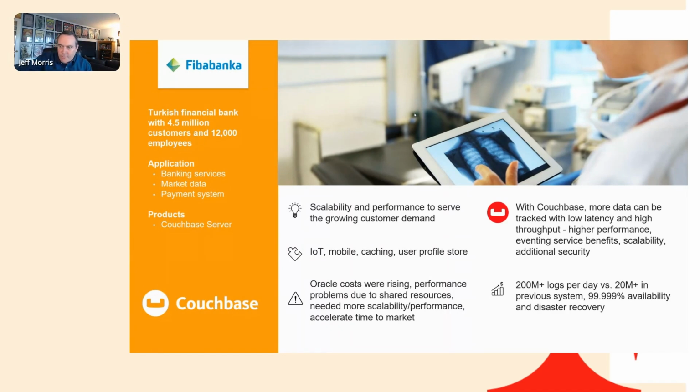They're using us for user profile store, mobile application delivery, caching capabilities, and serving over 200 million logs versus 20 million in their previous system. They're enjoying 5 nines availability and disaster recovery capabilities, and they're just getting started.